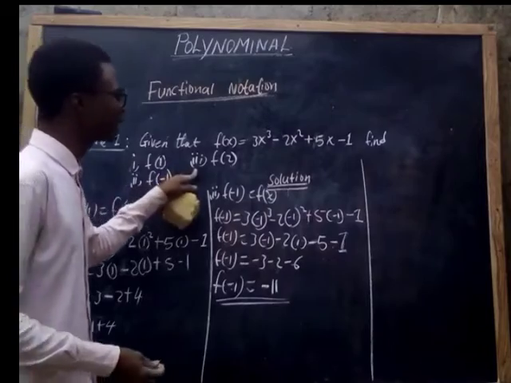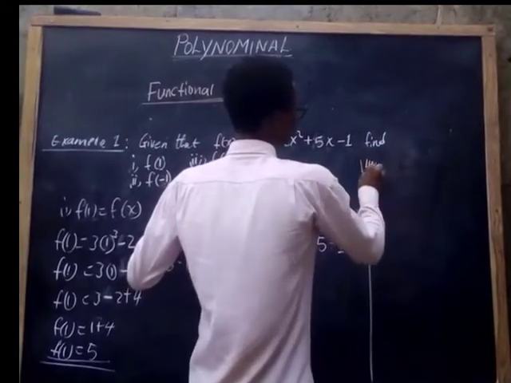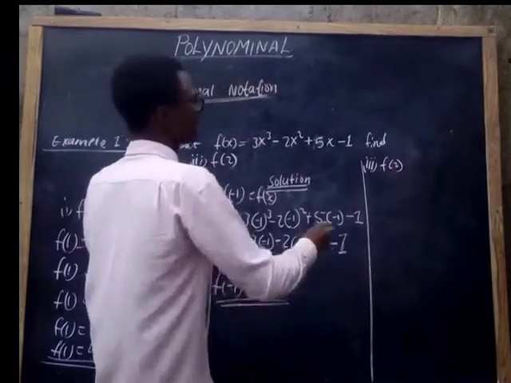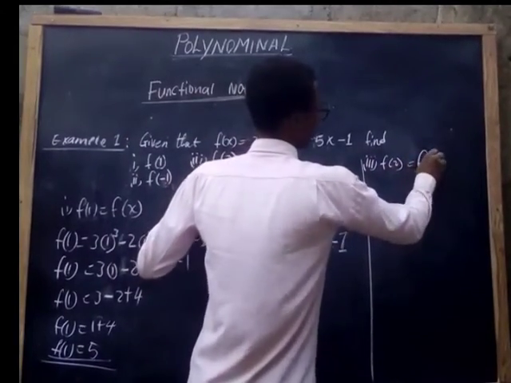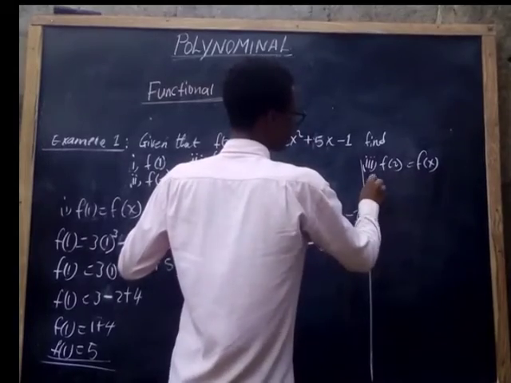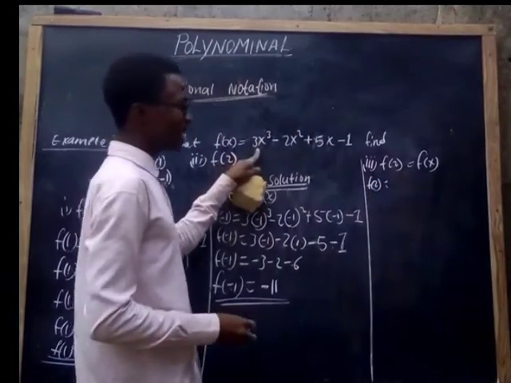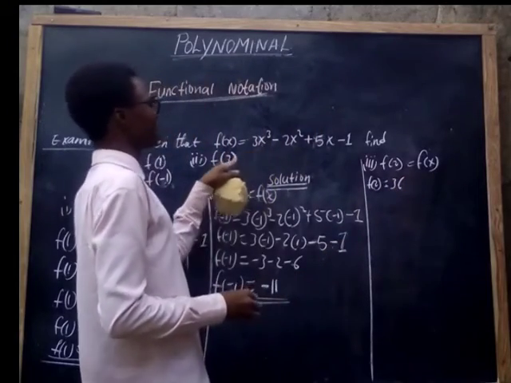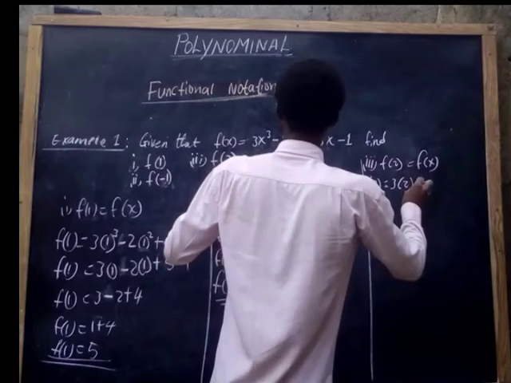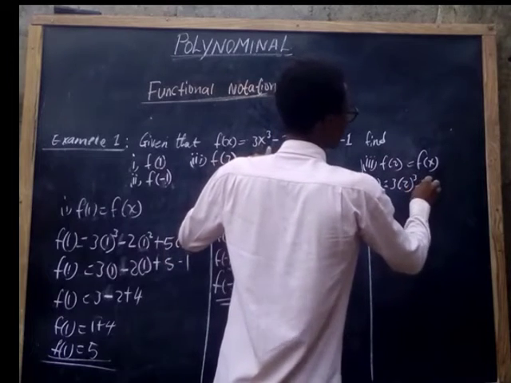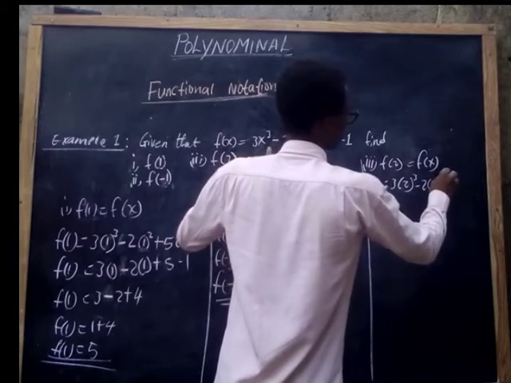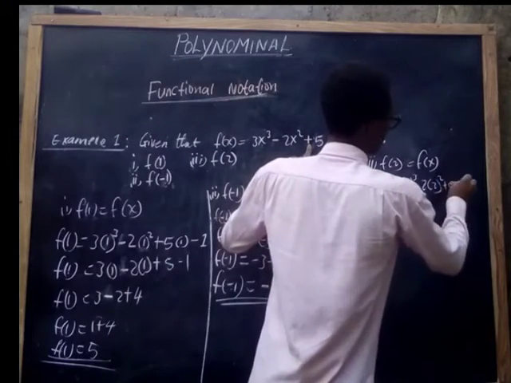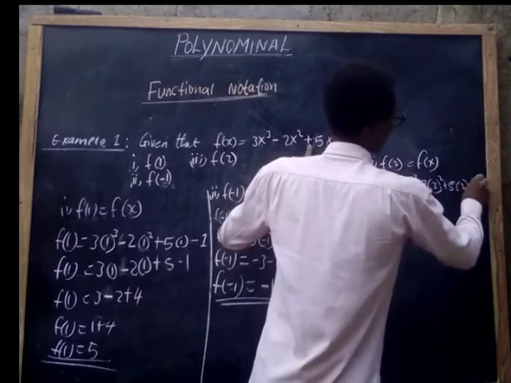Now we solve what? Example 3, Roman 3. We say f(2) is just the same as f(x). So f(2) is equal to what? 3 bracket, what is x? The value of x is 2, so you are going to put 2 raised to the power 3, minus 2 bracket 2 raised to the power 2, plus 5 bracket 2 minus 1.